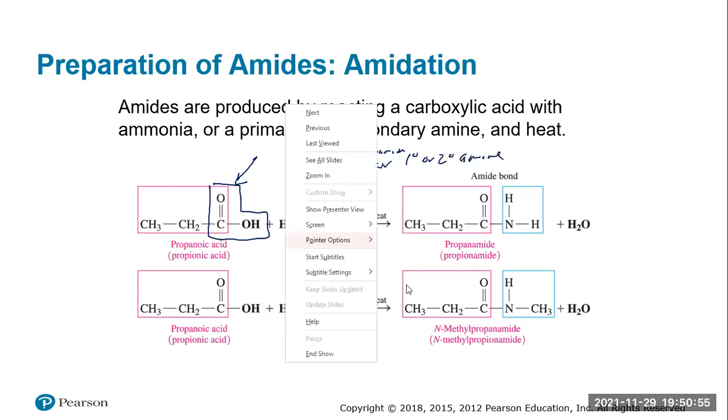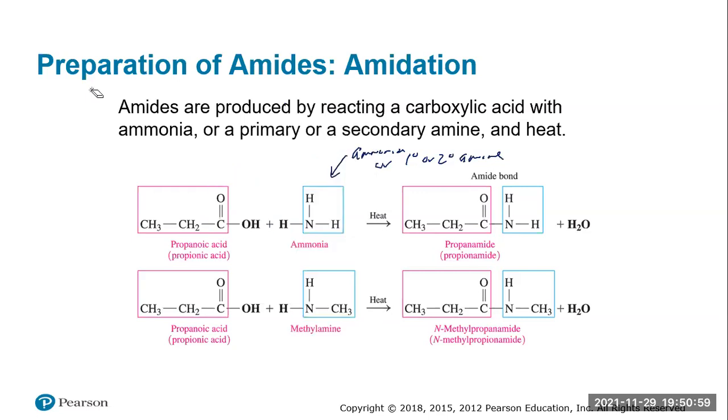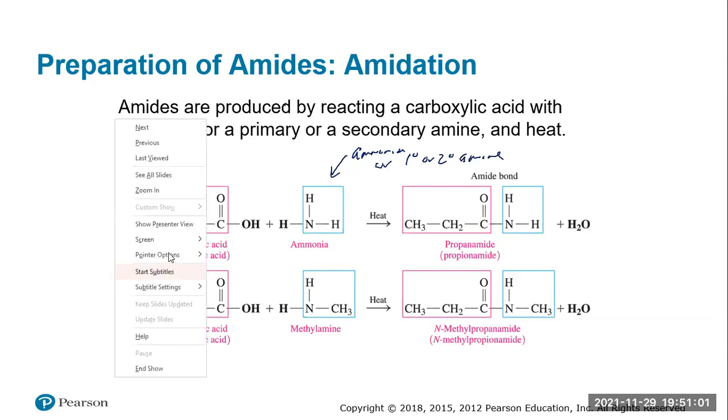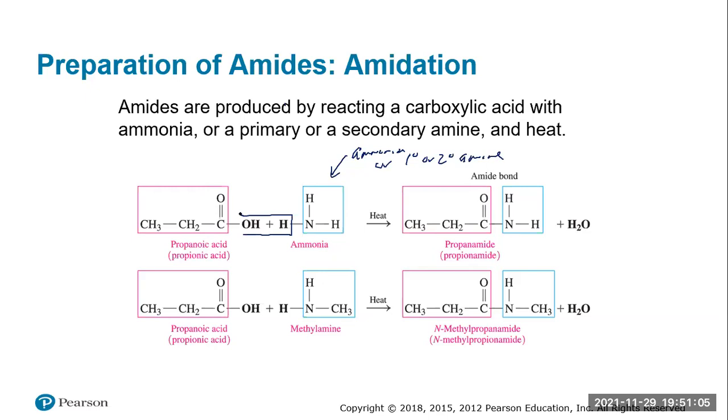And basically what's going to happen here is we're essentially going to take out water in this reaction. So essentially, when these guys come together, out goes water. OH from the carboxylic acid, H from the amine or the ammonia. Obviously, that is where our water comes from. And then essentially, we just squish both sides together.